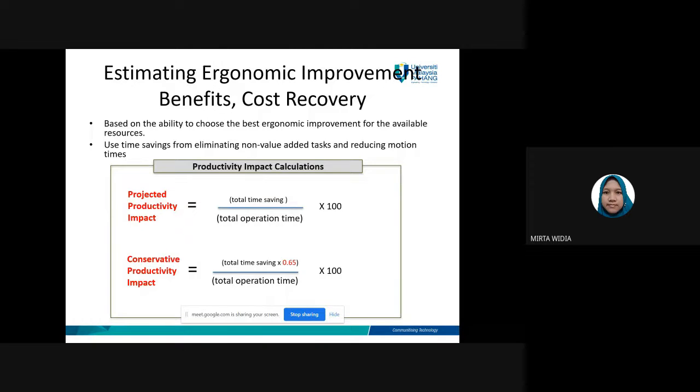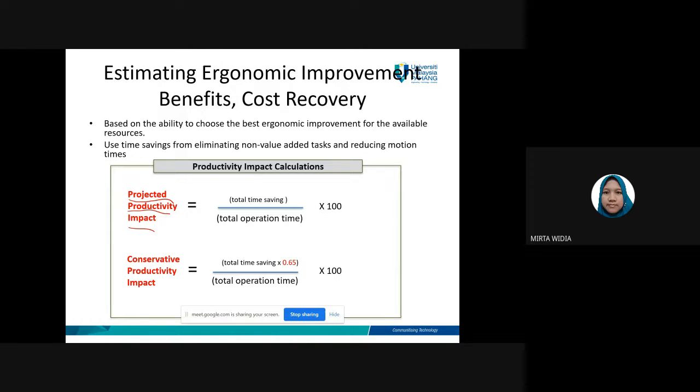And this one is estimating ergonomic improvement benefit or cost recovery. So how can we calculate the productivity impact after we calculate the total time saving? The first one is projected productivity impact after we reduce the reach and eliminate the walking: total time saving divided by total operation time, times 100.